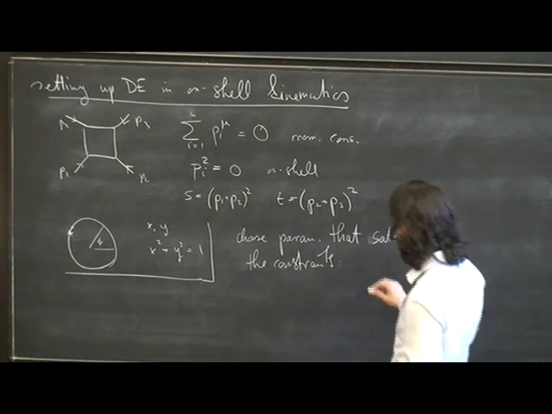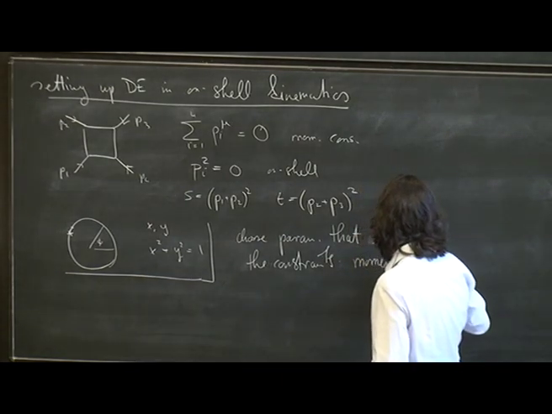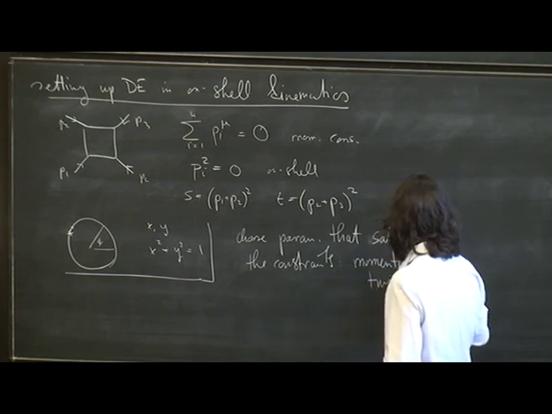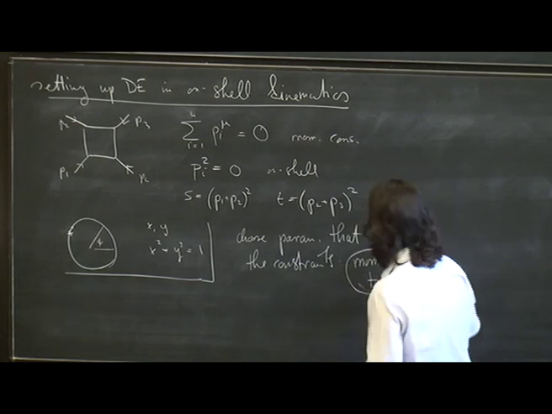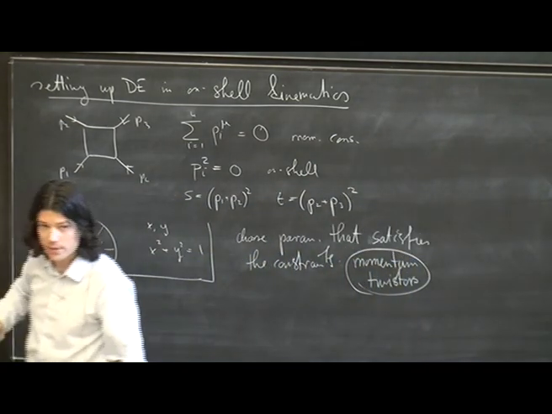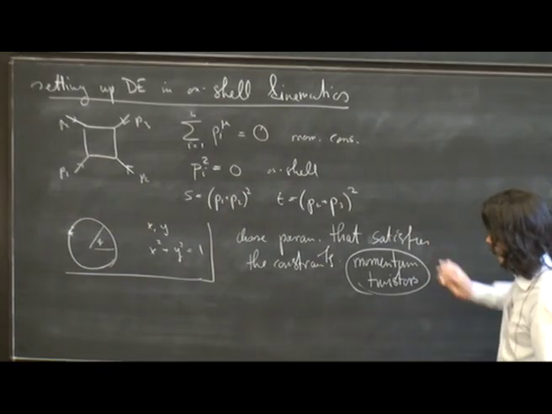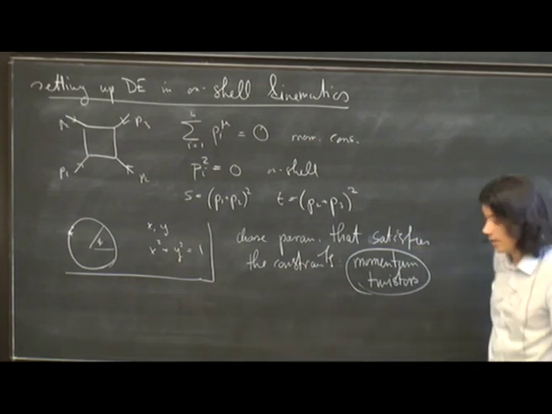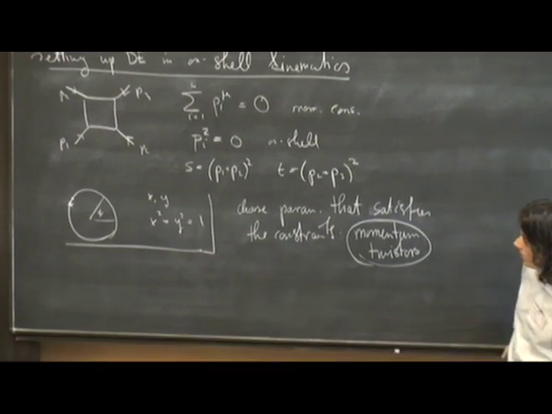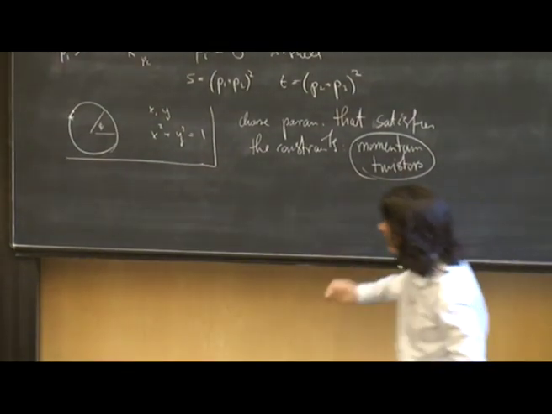One could do this introducing so-called momentum twister variables. And these momentum twisters are in fact closely related to the dual coordinates we saw in the first lecture. So this is possible and very nice. I don't want to do it here because it deviates a little bit from the main goal of the lectures, but I just wanted to mention it.